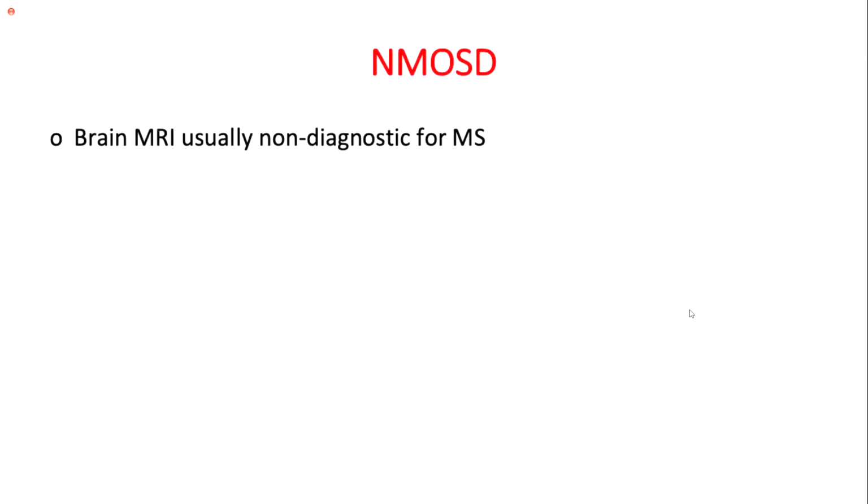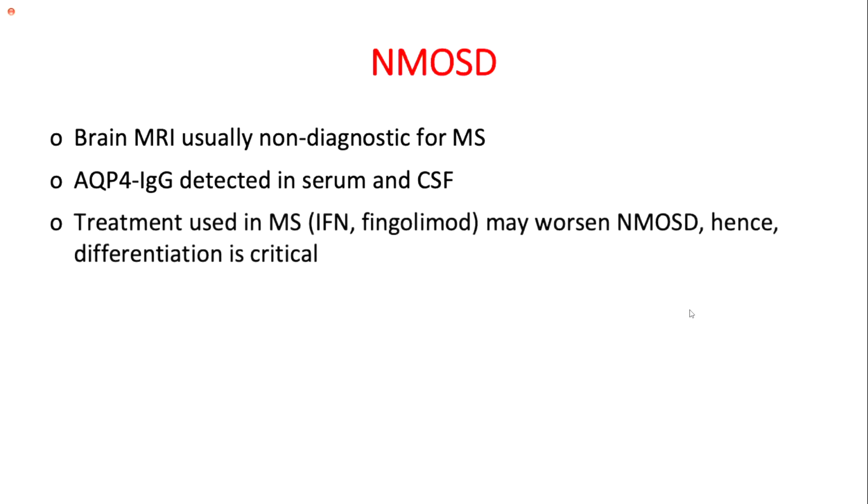Okay, brain MRI, I told you, is usually non-diagnostic in NMO. That means you don't get those demyelinating plaques that you see in MS. You get aquaporin 4 IgG antibodies detected in the serum and CSF. Serum is more sensitive than CSF. Now, why is it important to differentiate NMO from MS?